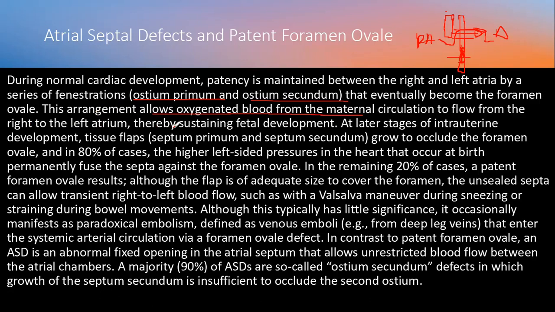That is normal in fetal circulation, but after birth, the pressures in the left atrium rise, and they push the septum primum to fuse with the septum secundum, and this seals the foramen ovale.